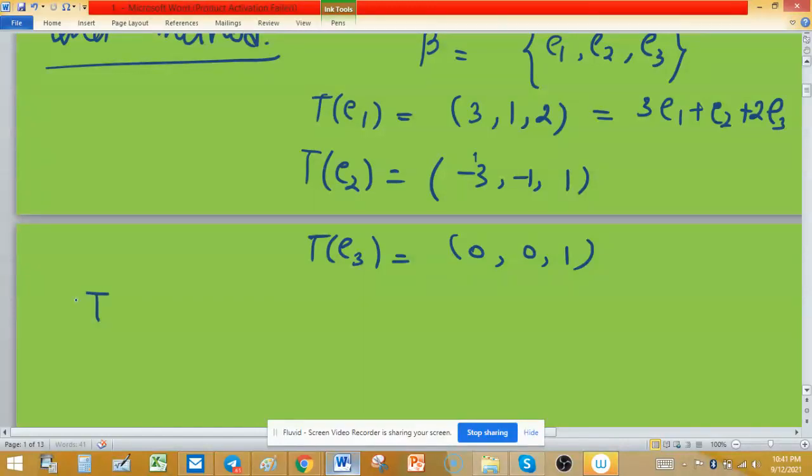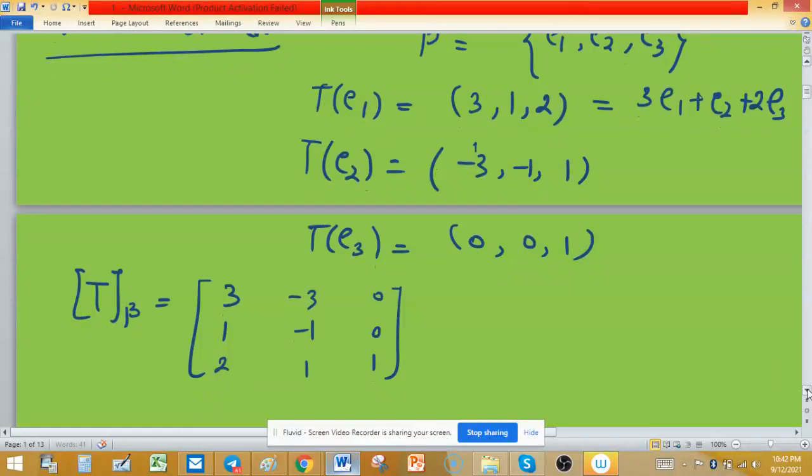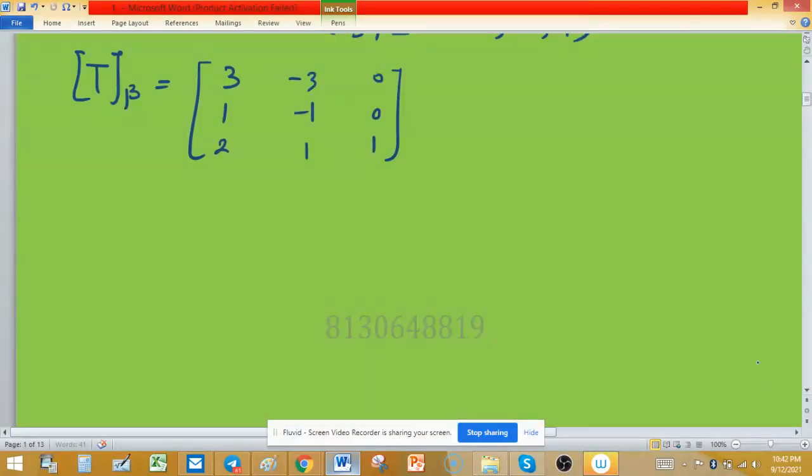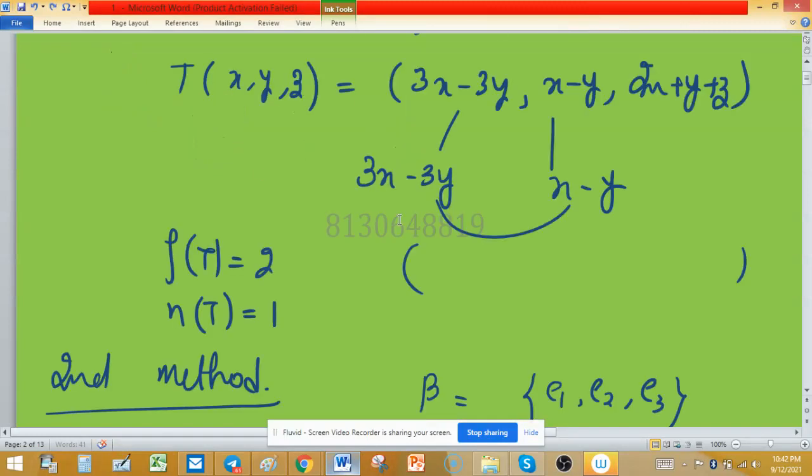So I can write the matrix representation with respect to this ordered basis. If I write the coefficients of each linear combination column-wise, the first column is (3, 1, 2), the second column is (−3, −1, 1), and the last column is (0, 0, 1). Now we need to interchange R1 and R2 so that I can easily put 1 as a non-zero pivot element in the first place.